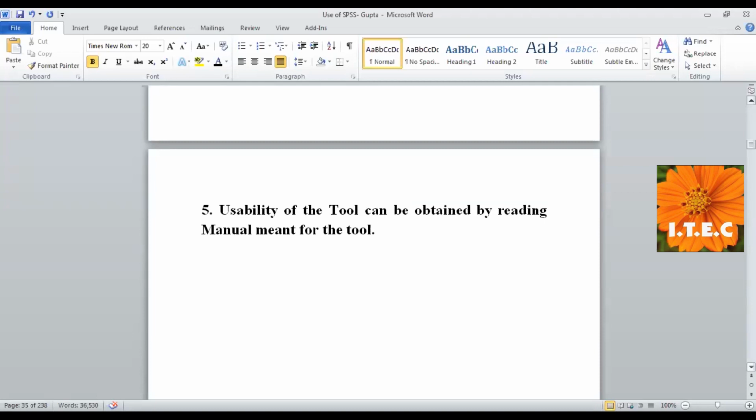Because in the manual it will be given that when you are administering that tool, what instructions you should give to the people, to the student or to the person, whatever it is. So what instructions you should give?